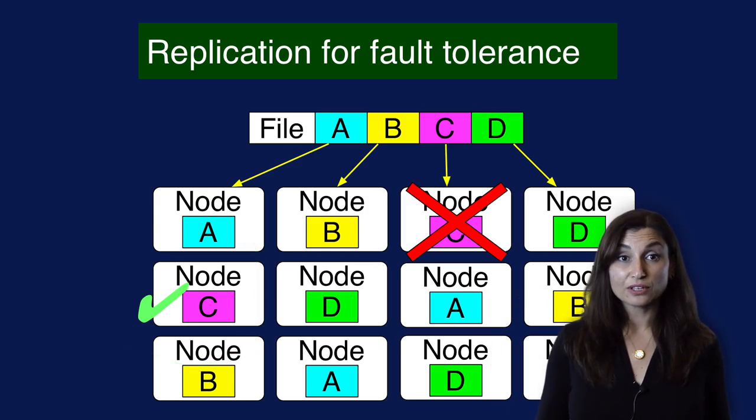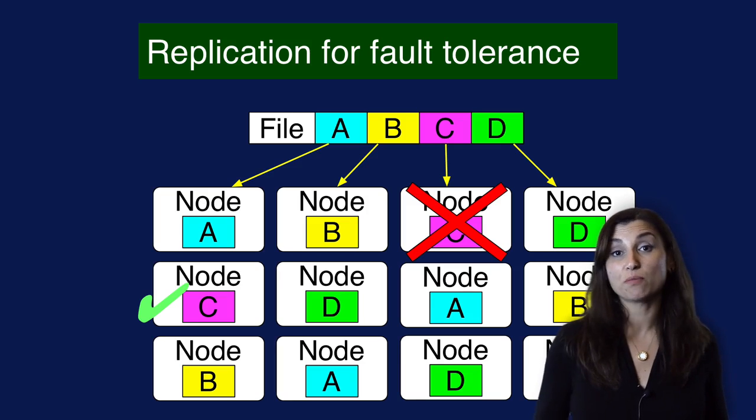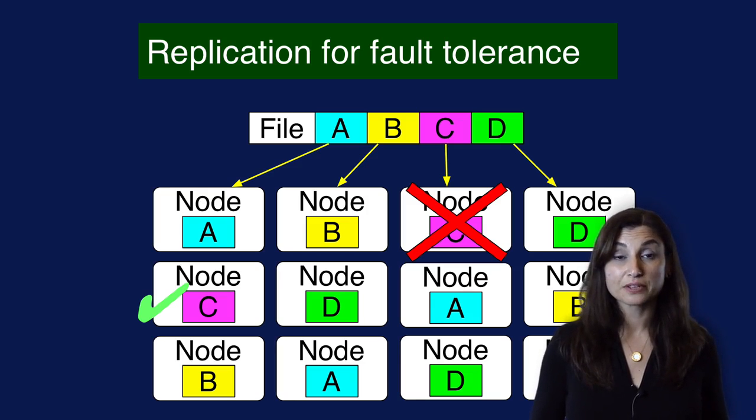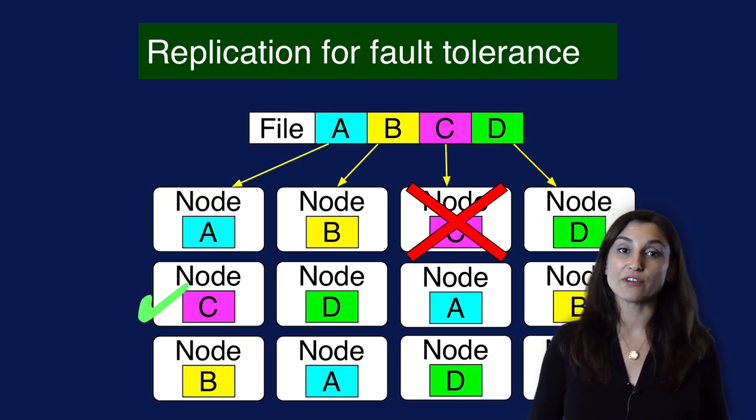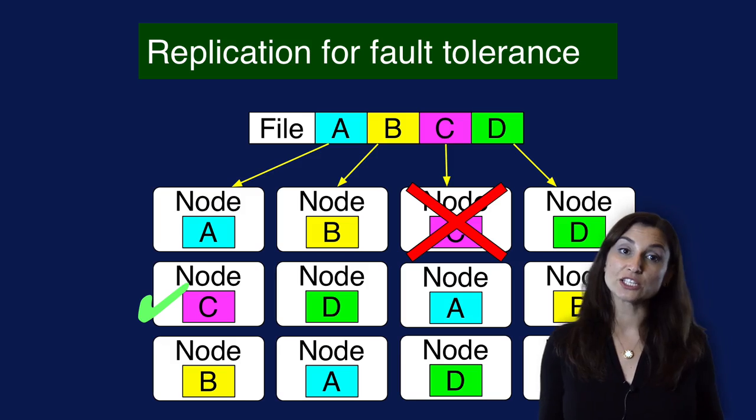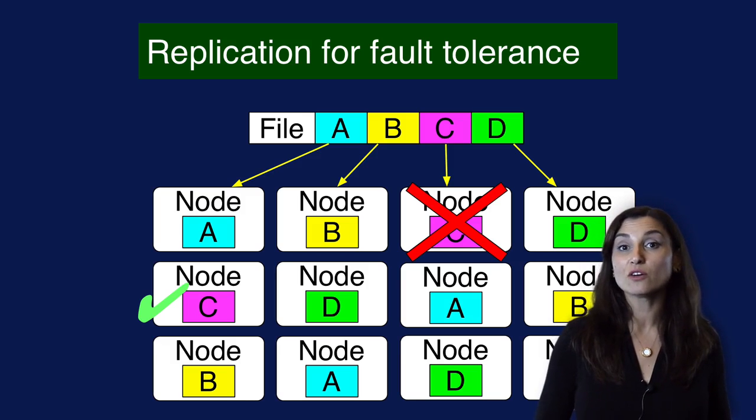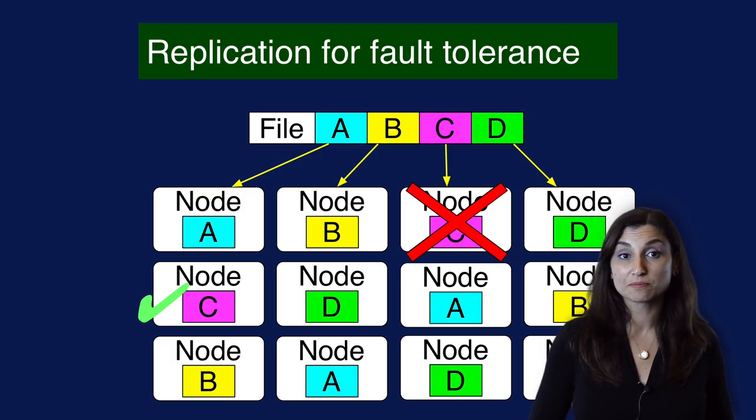By default, HDFS maintains 3 copies of every block. This is the default replication factor, but you can change it globally for every file or on a per-file basis.